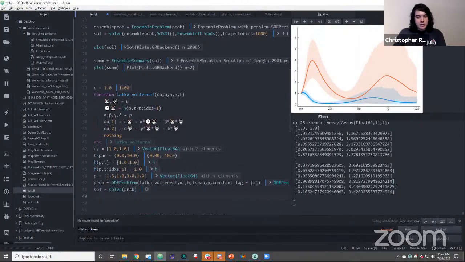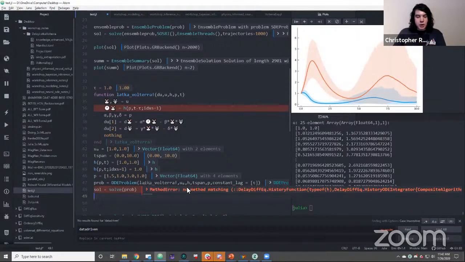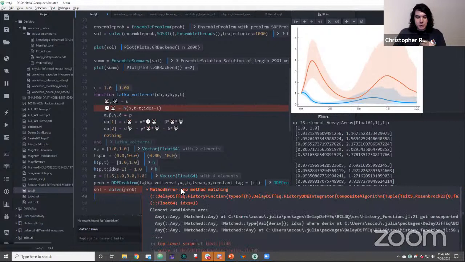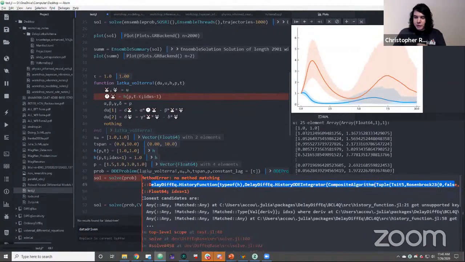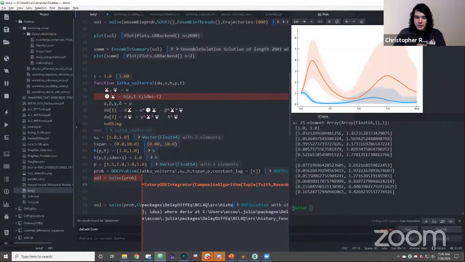Now the way that this delay differential equation integrator works is that it actually compiles the ODE onto itself to be able to generate the ODE function. So now what it's saying here is that my history function is missing a dispatch.